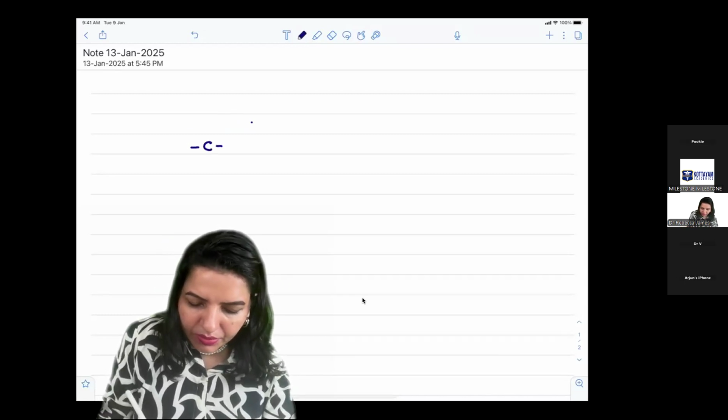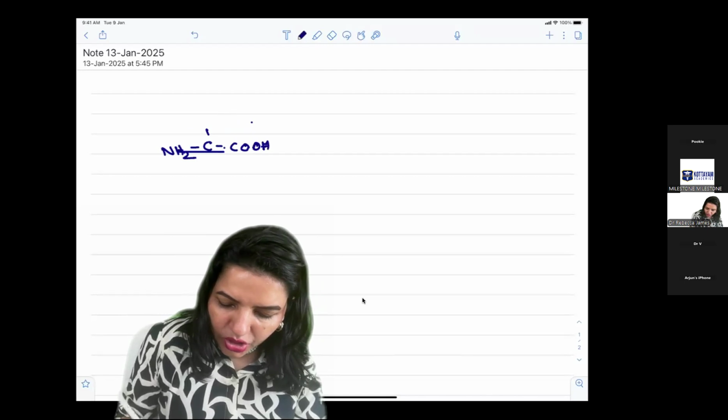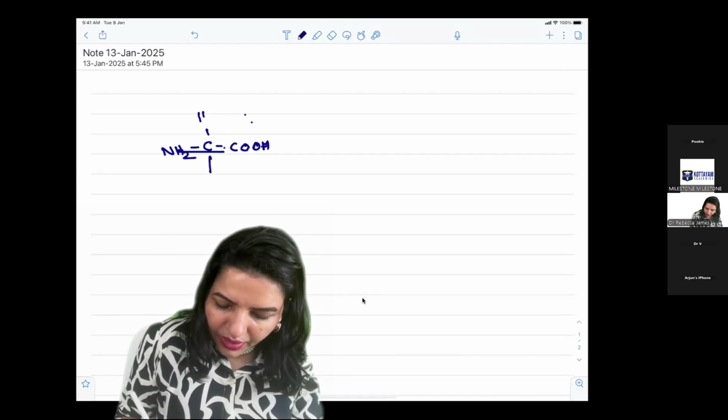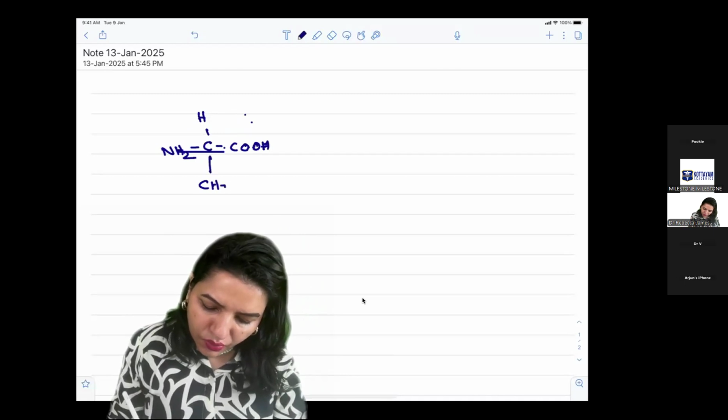On one side you can find NH2, on the other side COOH, and down there is a CH2, and at the terminal you can find an SH group.